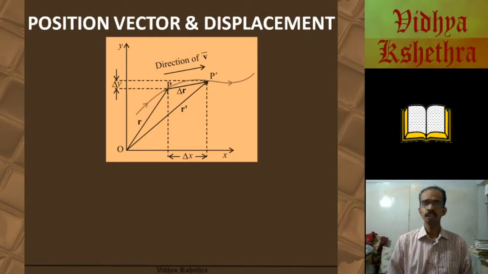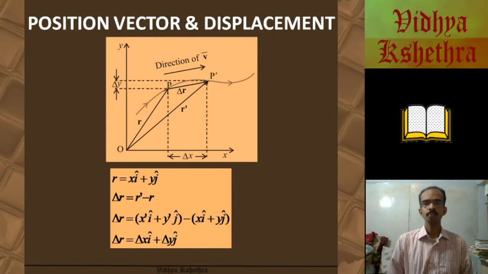Now the position vector of the body at P is given by xi plus yj when we resolve the vector along the coordinate axis. Now at P dash the position vector is x dash i plus y dash j.